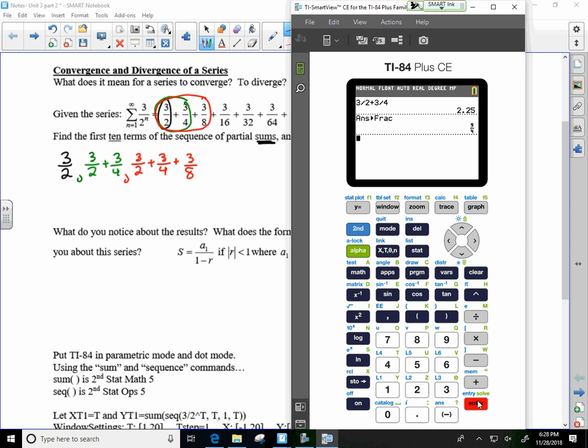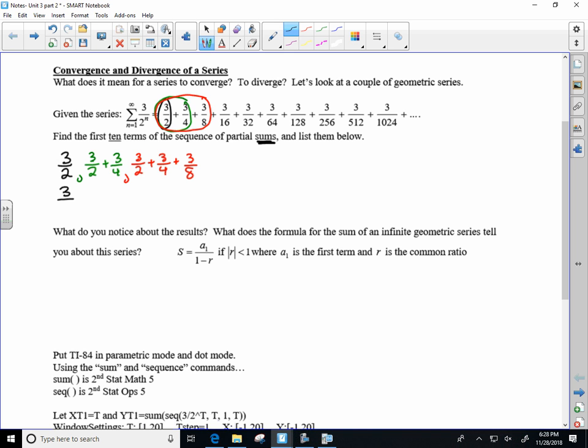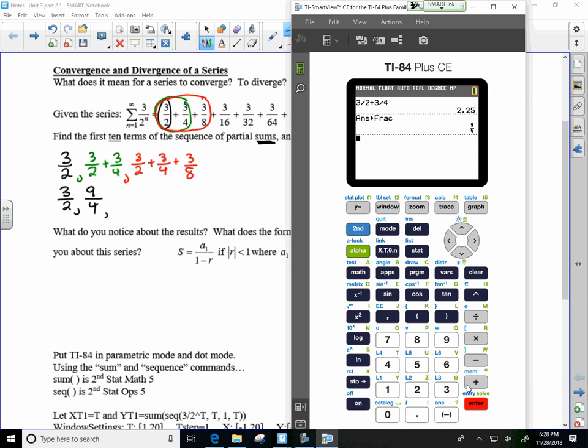So my first entry is 3/2. Then what did I say, 9/4? Well, the next one would be 12/4, right? Because I'm just adding 3/4 to it. Oh no, I'm adding 3/8, so it's more than that. 21/8.